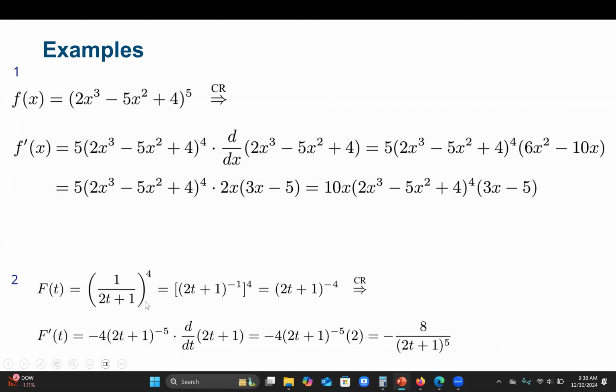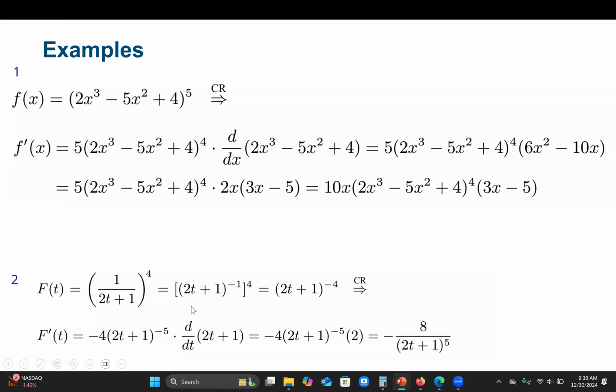So in order to find the derivative of this function, first we need to use the power rule to find the derivative of (1 over 2t plus 1) to the power 4. Then we find the derivative of 1 over 2t plus 1. So we can rewrite this function as (2t plus 1) to the power negative 4, the reciprocal.